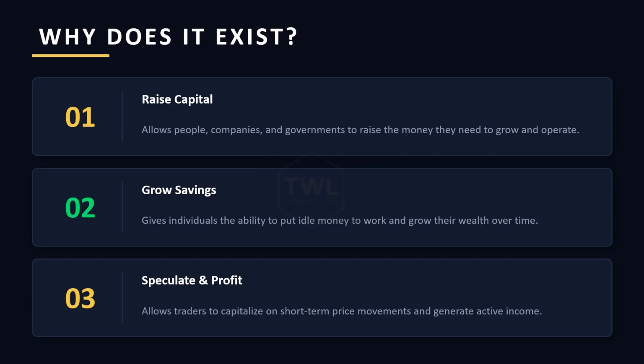If you just keep your money sitting in a bank account, it barely grows. The market gives you a way to put that money to work and grow your wealth over time. And third, speculation and profit. This is where we come in as traders. We use price movement, short-term or long-term, to generate active income. 3 different reasons, one single marketplace.